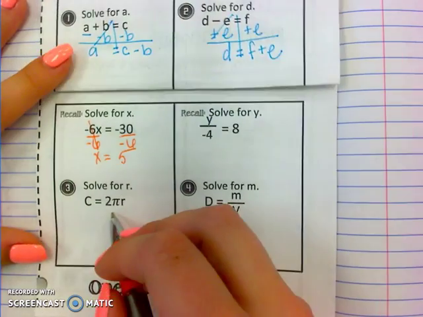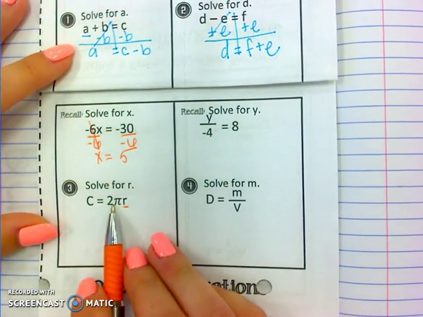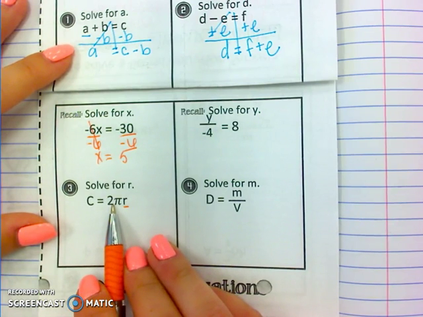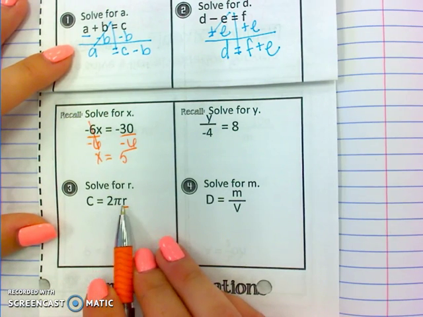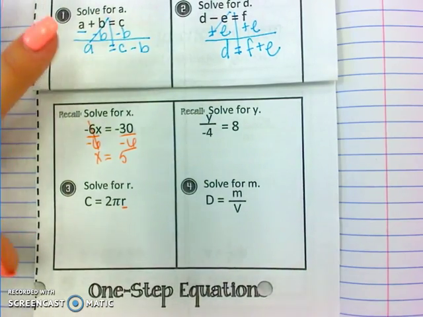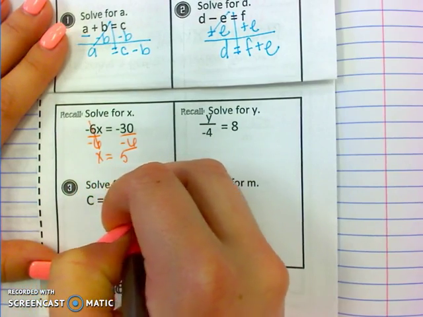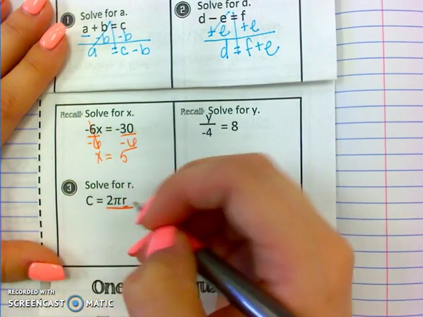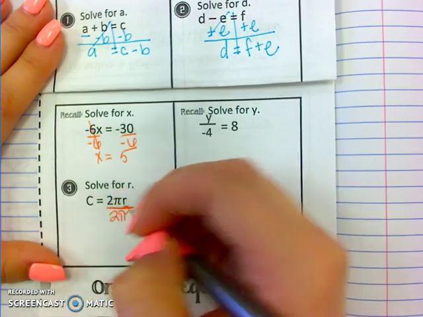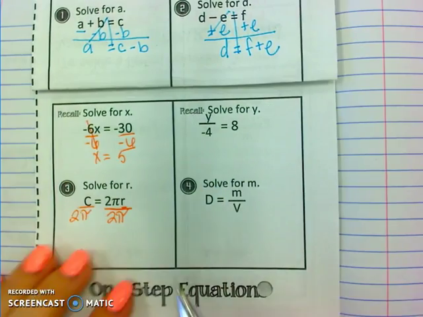And then same thing here. If I'm solving for r, 2 is being multiplied times pi and is being multiplied times r. So all I need to do to get rid of those things is inverse operation, divide by what's with r, 2 pi. Divide both sides by 2 pi.